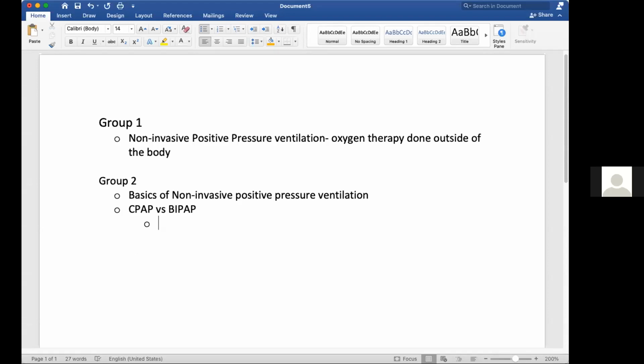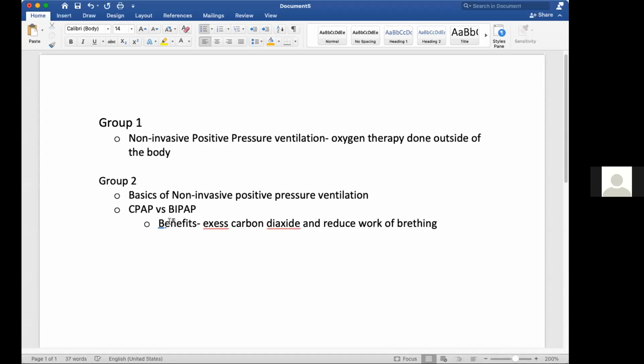The benefits I took note of were to eliminate the excess carbon dioxide from the respiratory tract, and also to reduce the work of breathing. Yes. All right. Thank you so much for that discussion.